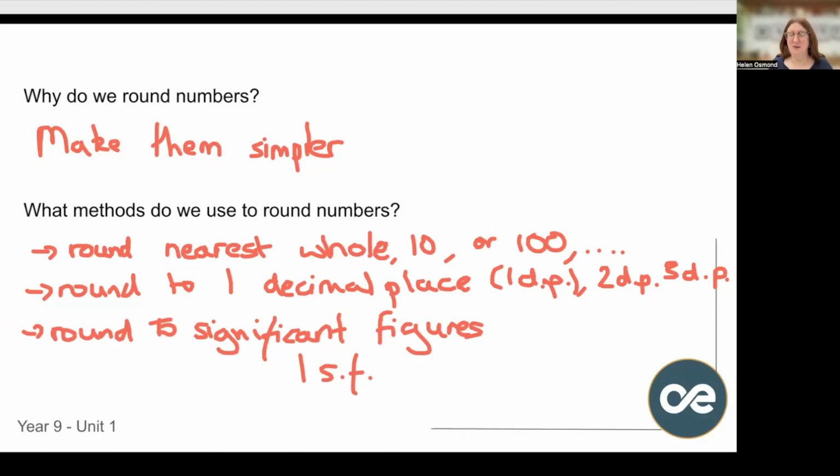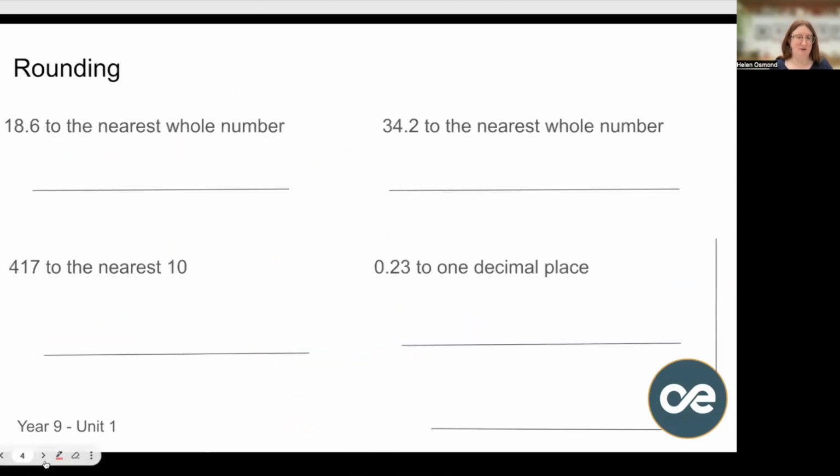As you can see, we can be a little bit lazy about how many words we write. So 1 SF is 1 significant figure, 2 would be 2 significant figures, and sometimes 3. So there we go. That's the different ways that we might be asked to round.